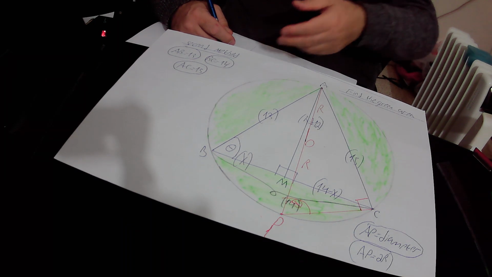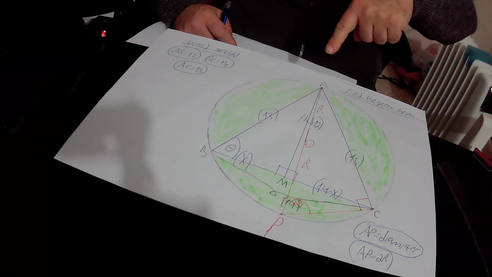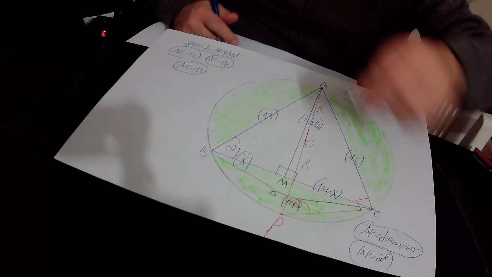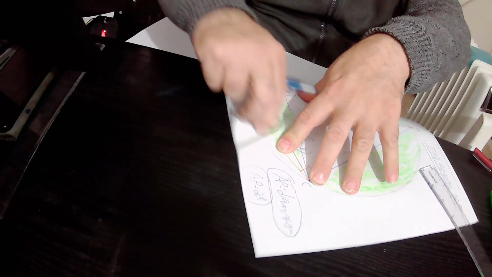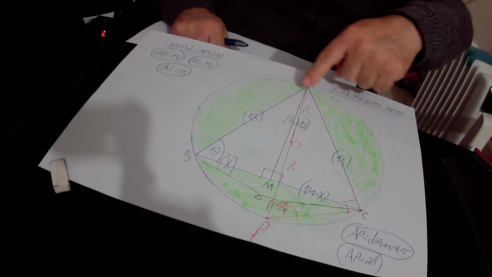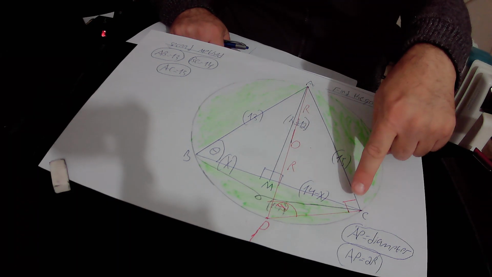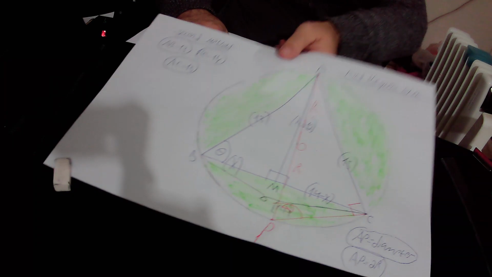In the next step, we'll focus on the right triangle APC. On the right triangle APC, this angle equals theta, this angle equals 90 degrees, therefore the missing angle here must be equal to 90 degrees minus theta.